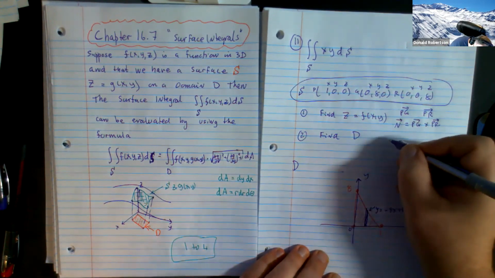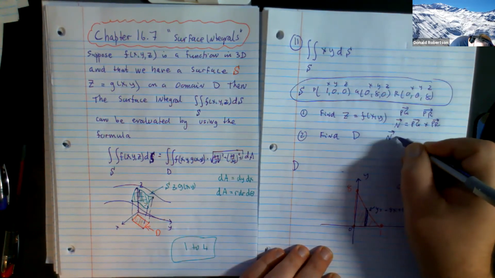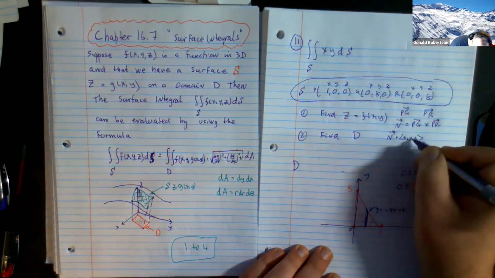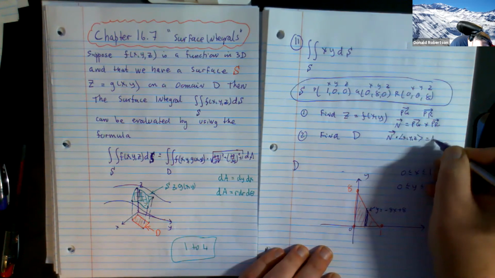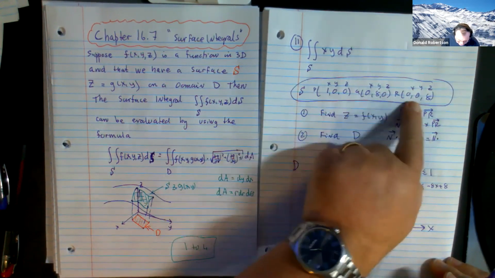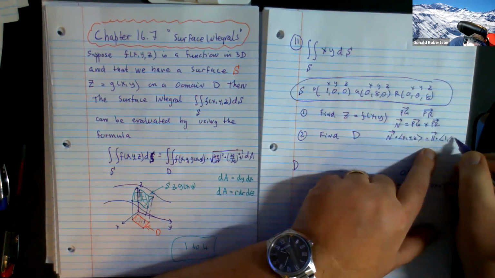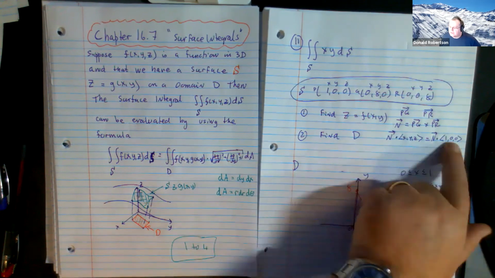And then you do the dot product of n with x, y, z, and it will be the dot product of n with any one of these 3 points you like, but I like the first one, so I will do that. And won't that generate your equation?